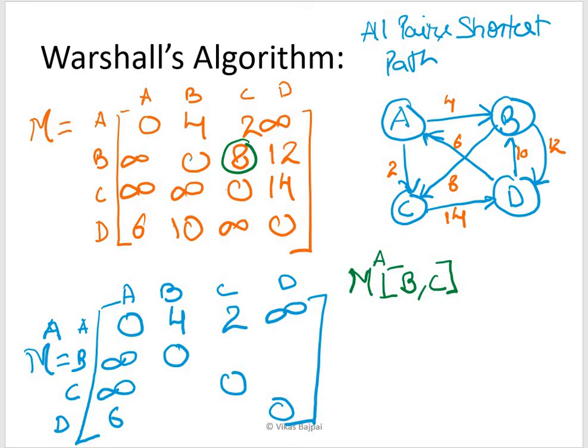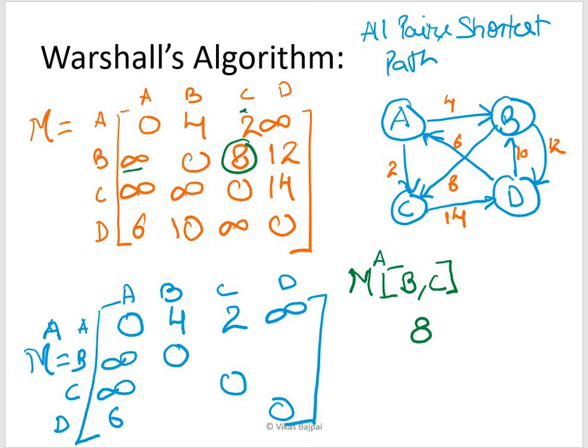From B to C, it is coming out to be 8 here. I need to identify whether there is any other way, so let's look at this and this.